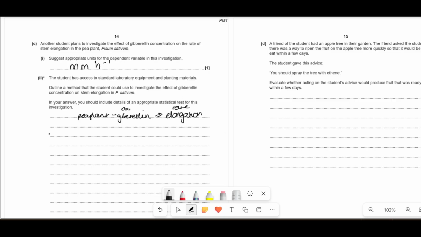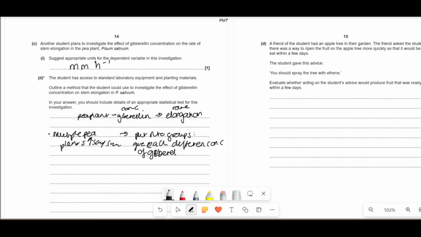So let's change that up a bit. What we need to do is you get multiple pea plants. You can put a high sample size in, and you put them into groups. So what you can do is apply to each group different concentrations of gibberellin, plus a control with no gibberellin.